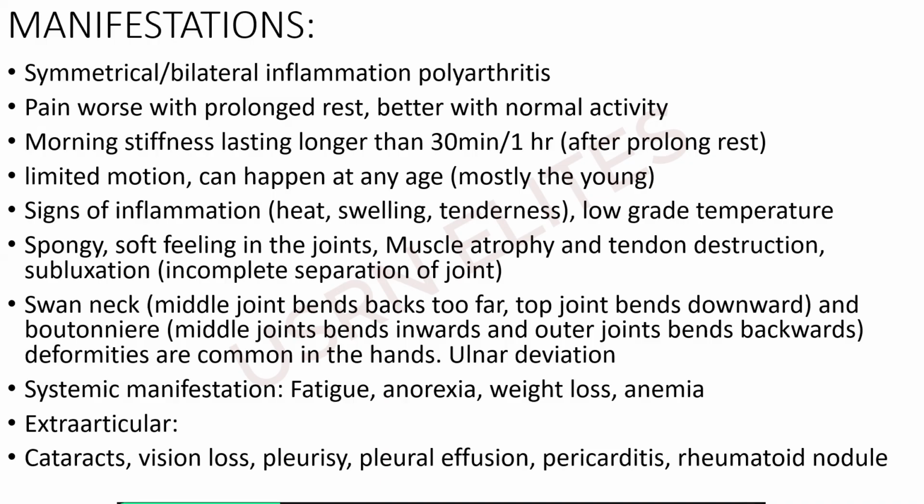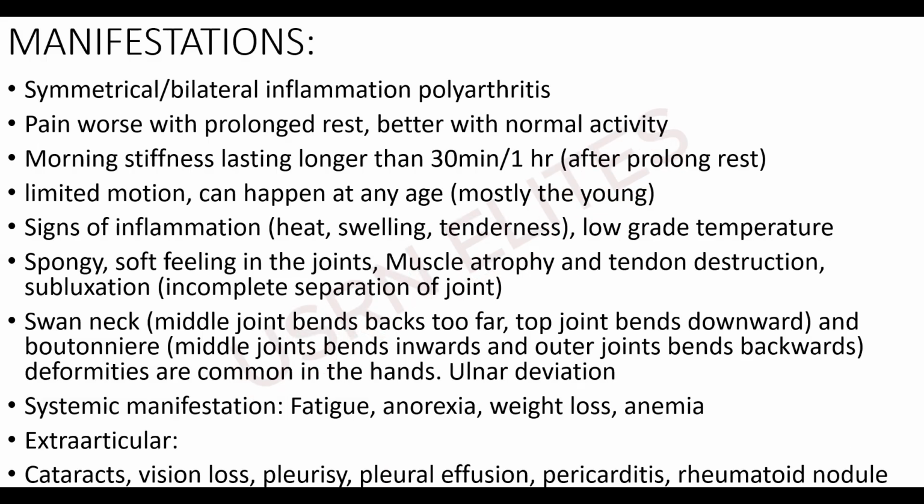And the bone will slip past the other bone. That is what we call subluxation. Okay. And we have what we call swan neck, and boutonniere contractures. Let me show you how this one looks like. I hope you know a bird called swan.